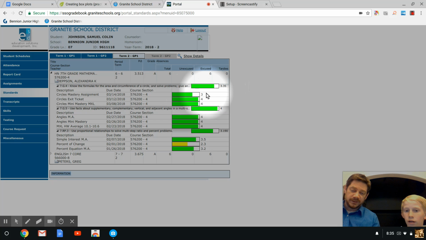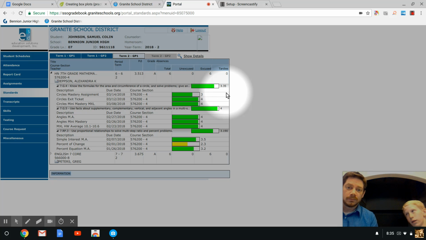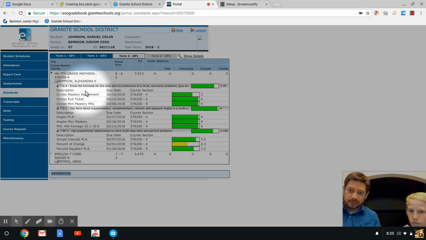What does above proficient mean? Above proficient means that you achieved your goal, but then you are excelling at it. Like you could even teach this standard, this concept to someone. So this is the standard.